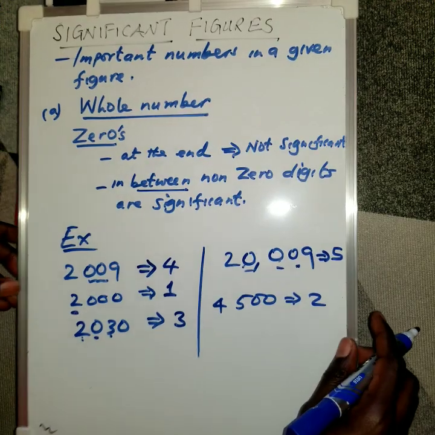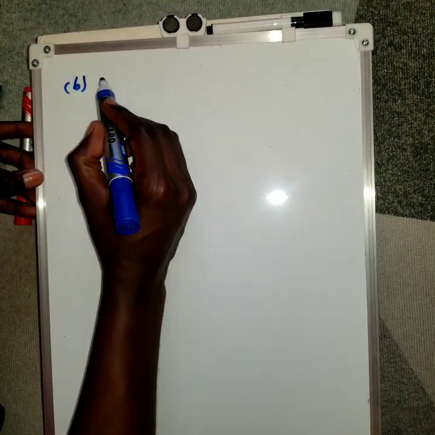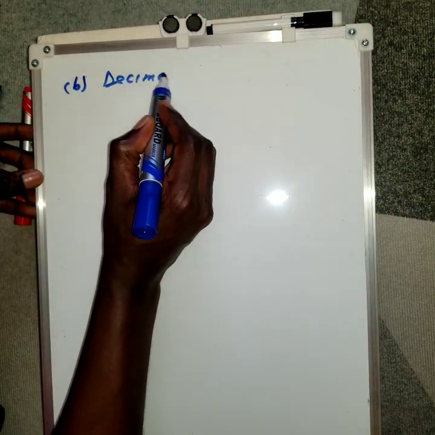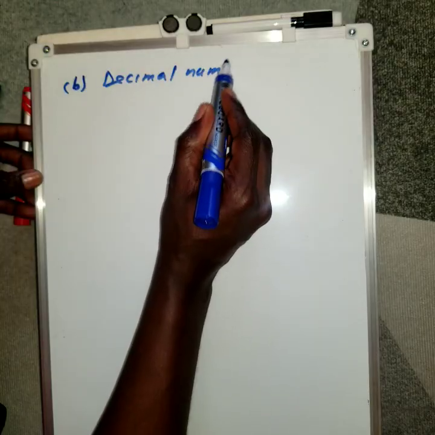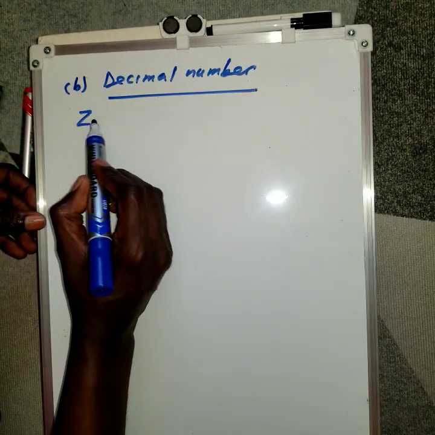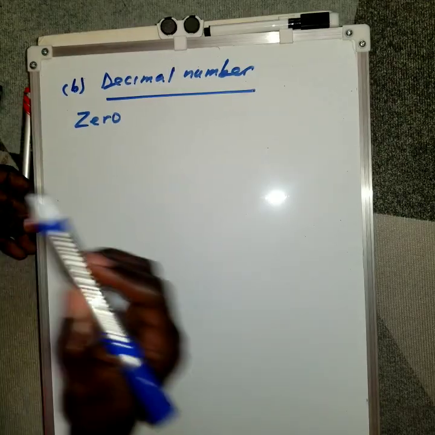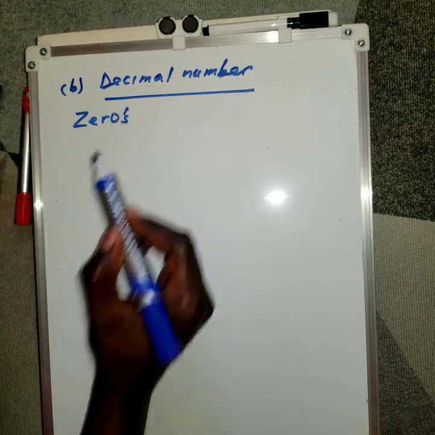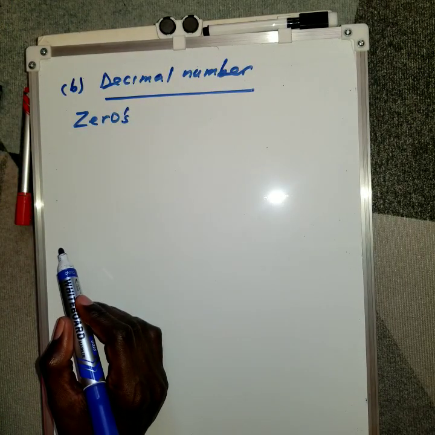Now suppose you are dealing with another segment of numbers that we call decimal numbers. When you are dealing with a decimal number, you need to realize that the significance of a zero will depend on its position.